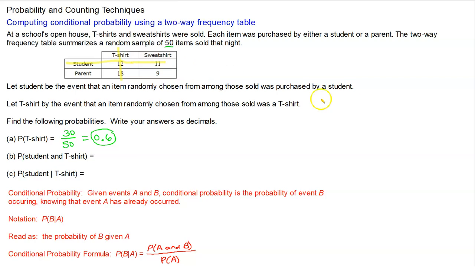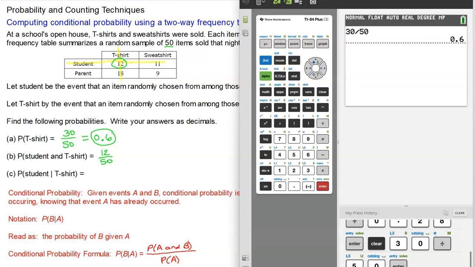We're looking at the intersection of the two, and that would be 12 items that fall under the category of both the student purchasing it and it being a t-shirt. So we're talking about the probability of student and t-shirt, which is 12 out of the 50 total. And if we take 12 divided by 50 on our calculator to change this to a decimal, we have 0.24.